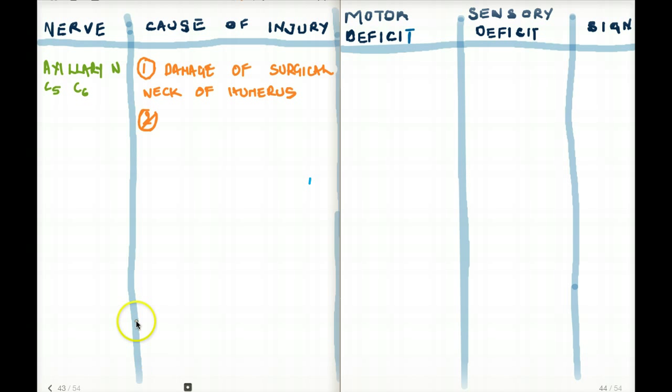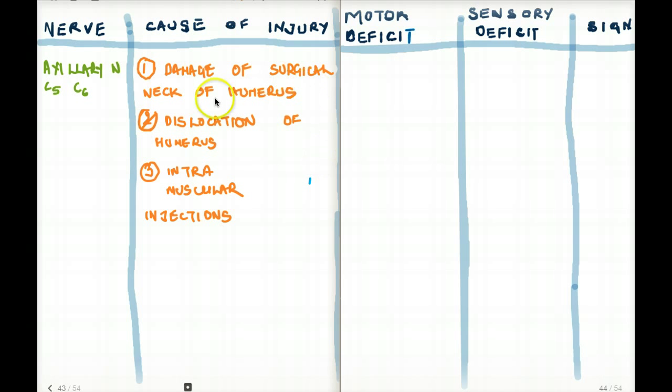So dislocation of the humerus, either posterior or anterior, also gives rise to axillary nerve damage. And the last one, which is thoroughly avoided, is intramuscular injections. If someone is injecting intramuscularly over the deltoid, you run the risk of damaging your axillary nerve.